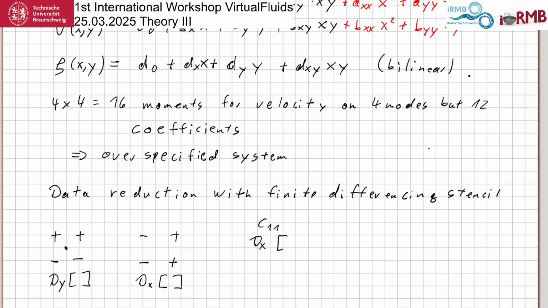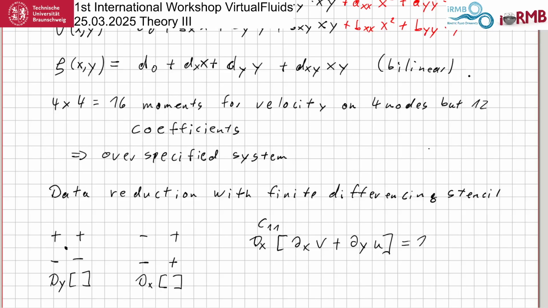So if we apply it, because we know that C11 gives us dxv plus dyu, and we put the interpolation functions into this, there's a second order polynomial. We take the second derivative, so there's a first derivative here, and then we take a first derivative again.